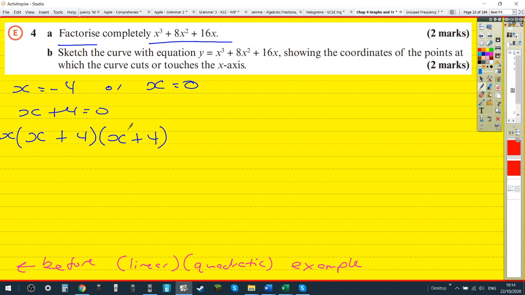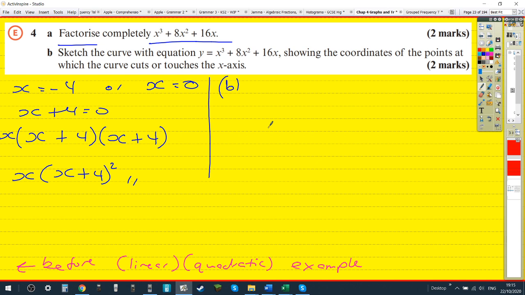The reason why we didn't see it here is because it was the same one twice. It's essentially x plus 4 squared. So that makes 16x. And if you were to fully expand that out, you would get x cubed plus 8x squared plus 16x. And it's kind of a special case, I suppose.